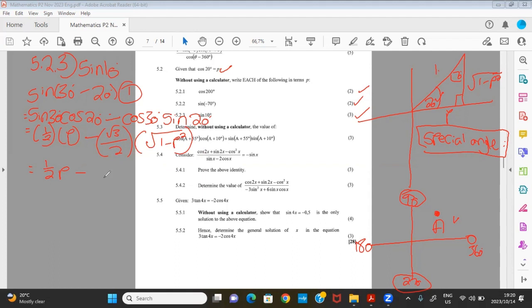So I'm just going to multiply numerator and numerator, denominator and denominator. So my denominator will have a 2, and then I'm just going to have root 3 multiplied by root 1 minus p squared.